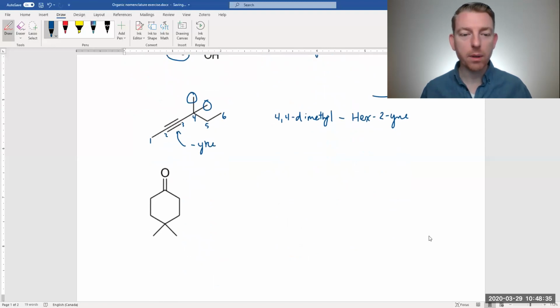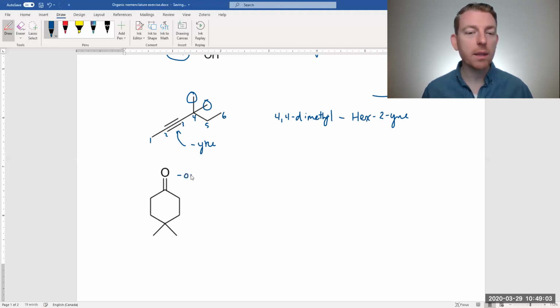Okay, so let's see something that we haven't before. So now we have a ring structure here. And the rule around that was to put a cyclo as a prefix, but we still want to start with the functional group. So this is, again, a ketone because we have an R group or a carbon chain coming off of both sides of this double bonded carbonyl.